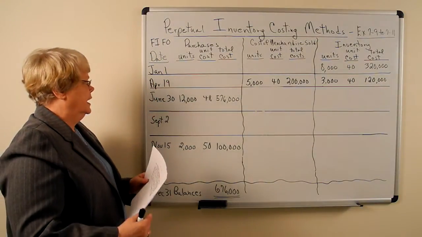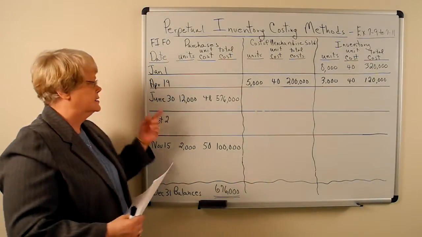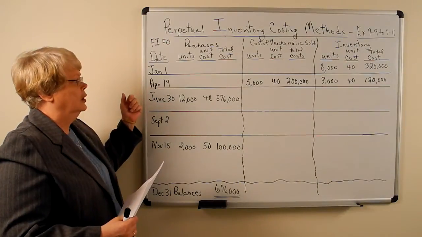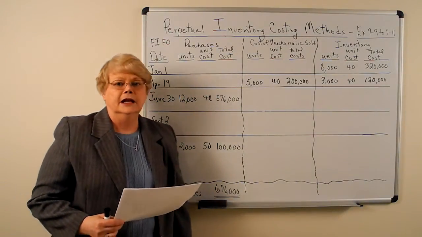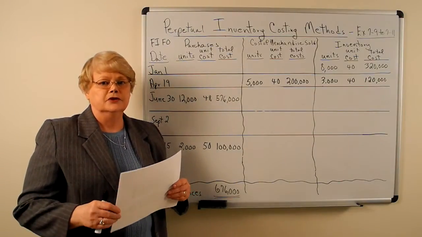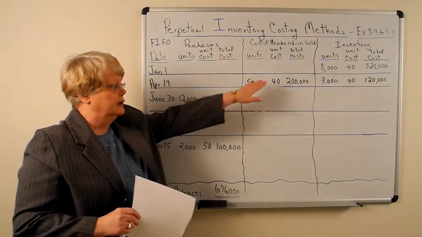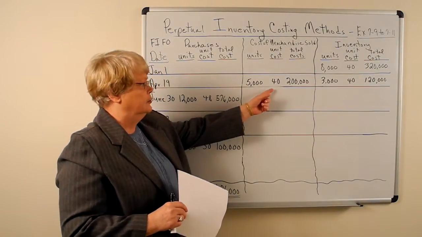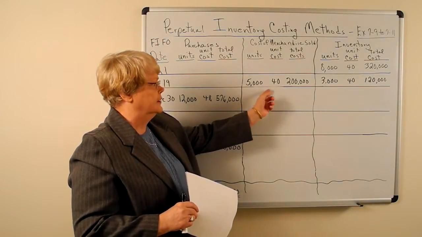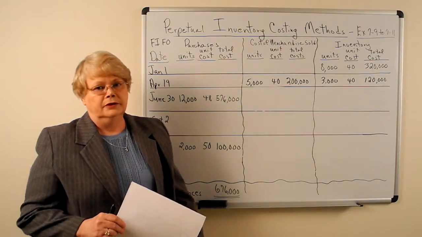And then the first thing that happened in the exercise, on April the 19th, we sold 5,000 units. Now normally we would be looking at the layers to see which layer we're going to use first, but in this case we only had one layer, so we know the inventory is going to be costed out at $40, so that's 5,000 times 40 or 200,000.